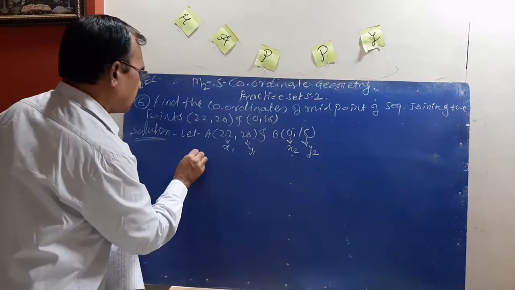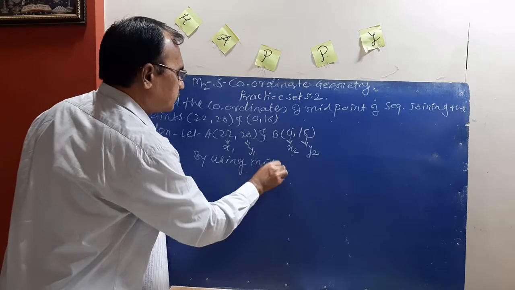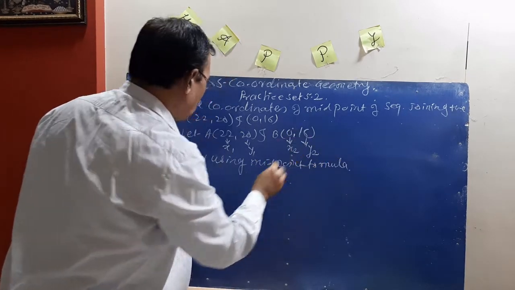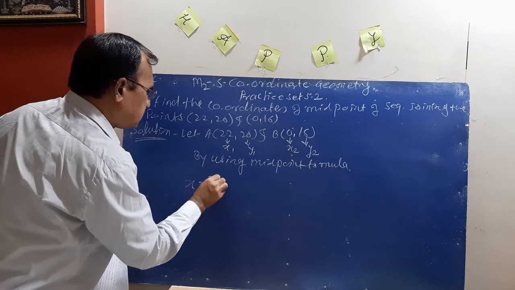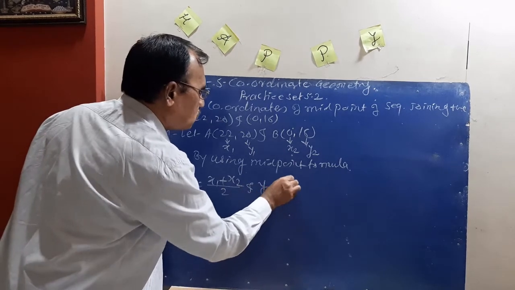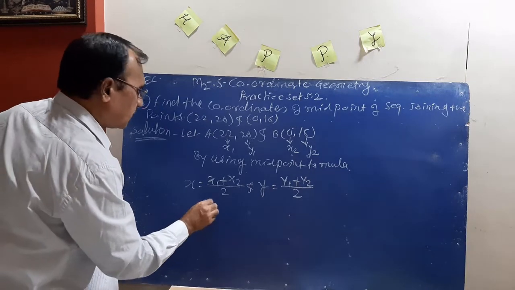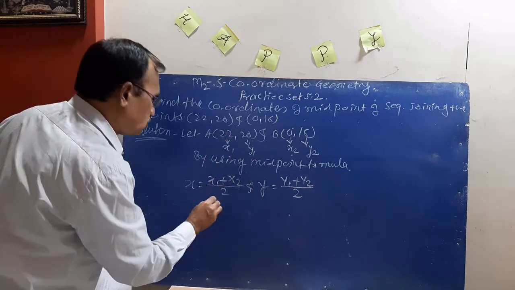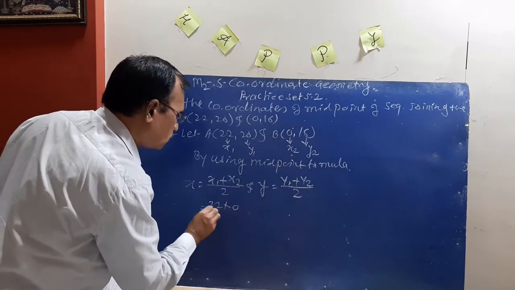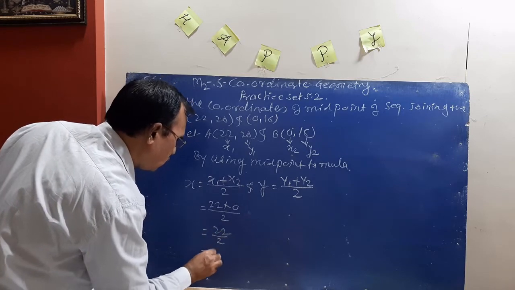It is very easy. By using the midpoint formula, we get x is equal to (x1 plus x2) divided by 2 and y is equal to (y1 plus y2) divided by 2. x1 is 22 plus x2 is 0, divided by 2, 22 upon 2 is equal to 11.